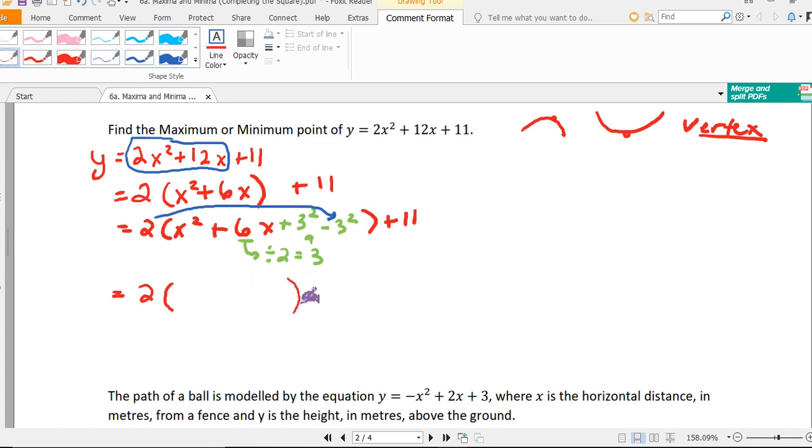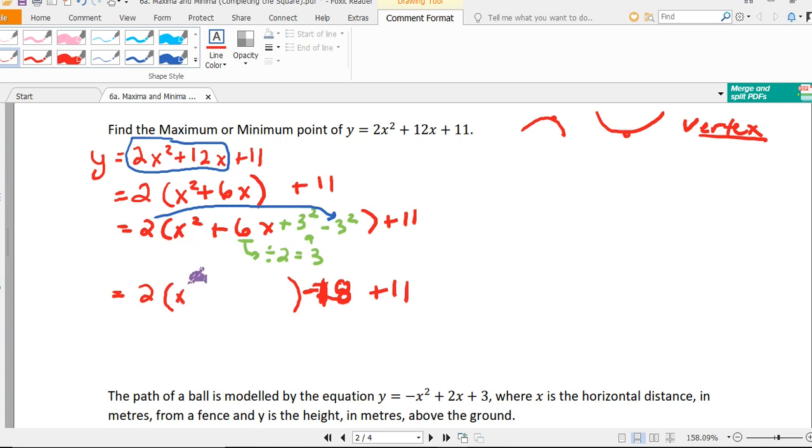So what is 2 times negative 9? Because negative 3 squared is 9, so negative 9 times 2 is negative 18. Okay, negative 18, plus 11.